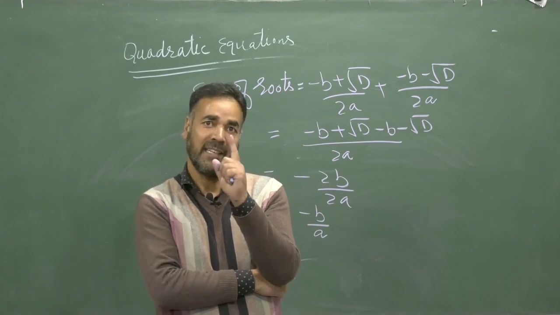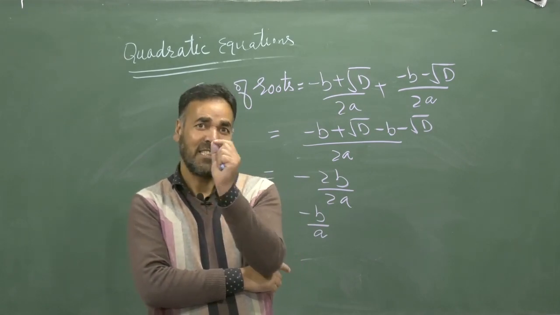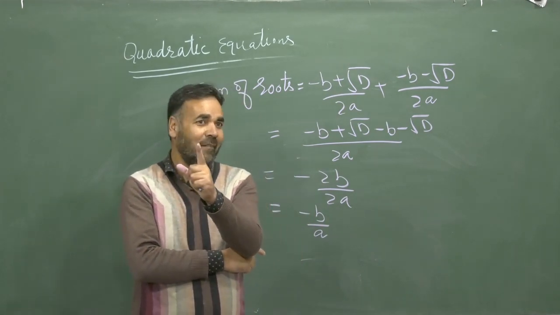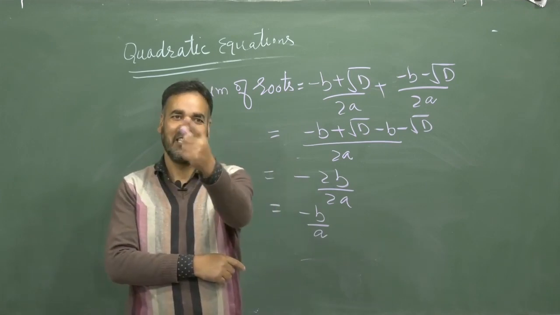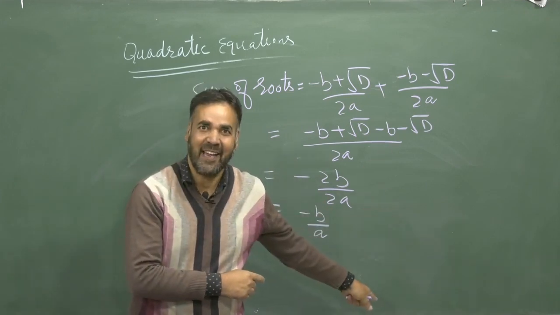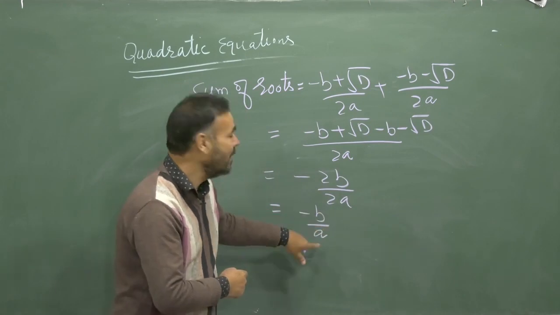You know that in a polynomial, the sum of the zeros was minus coefficient of x divided by coefficient of x square. Is it? Minus b by a.